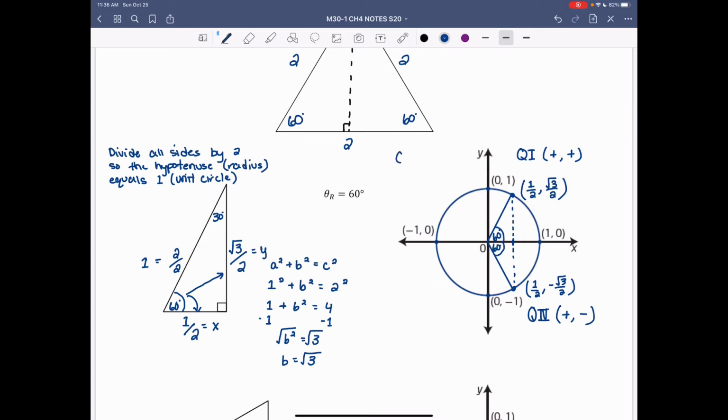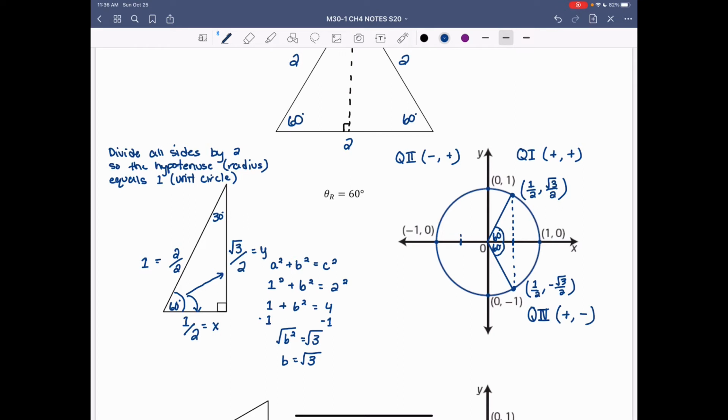In quadrant 2, the x values are negative and the y values are positive. They're still the same values though, because we're still talking about a reference angle of 60 degrees. So we have x is 1 over 2 and y is root 3 over 2. It's just this time we have an x value of negative 1 over 2, which is approximately there.